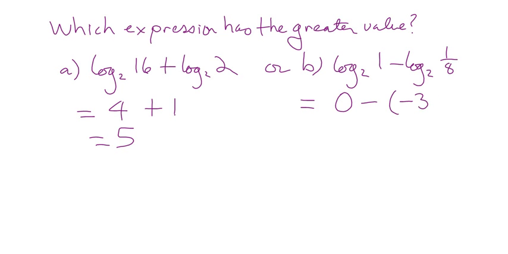So this is 0 minus -3, which is 3. So this one here gives the larger value, right? Log base 2 of 16 plus log base 2 of 2 is greater than log base 2 of 1 minus log base 2 of 1/8. Okay?